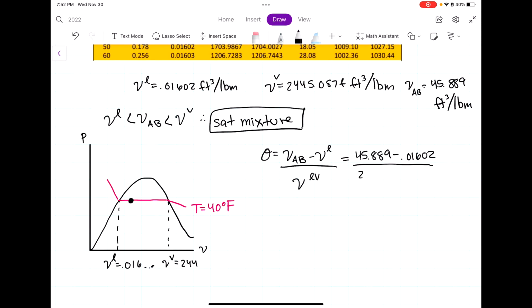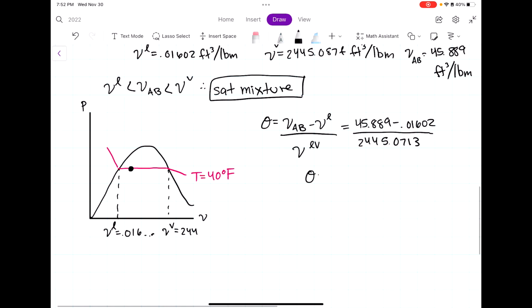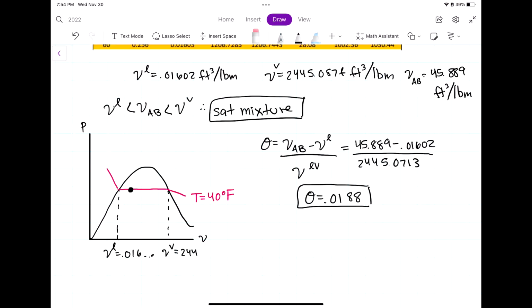So 2445.0713, and we get that the quality is equal to 0.0188. After you plug it into the calculator, you see that this is what the quality is equal to. Which means 1.88% of the substance is vapor, and the rest is liquid.